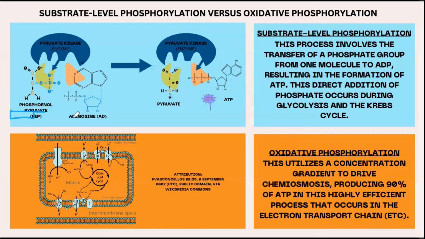What ends up happening is the process transfers the phosphate group. So this is a P attached to four O's. You're taking that phosphate group from that molecule of PEP, and you're going to attach it to what's called adenosine, or AD, which is a nucleoside with this structure here, but I want you to focus on those phosphates.